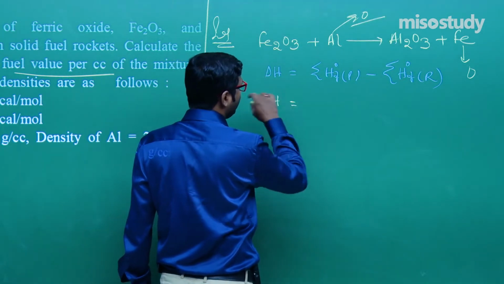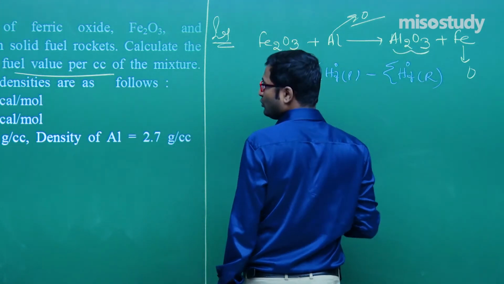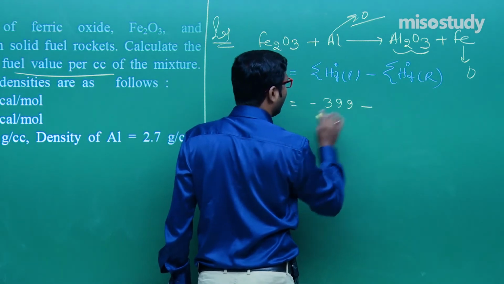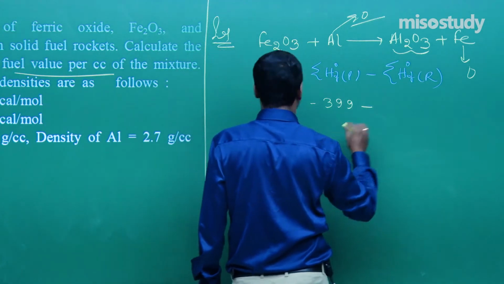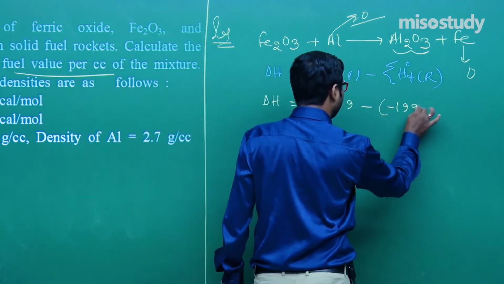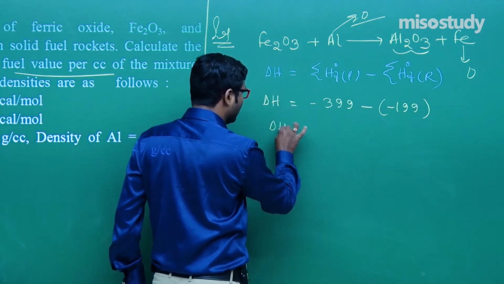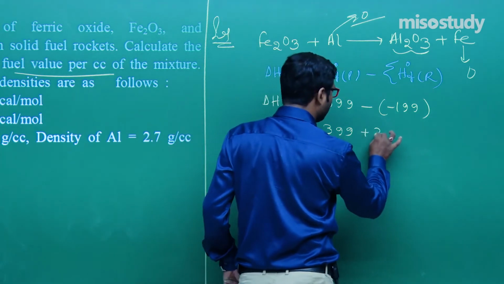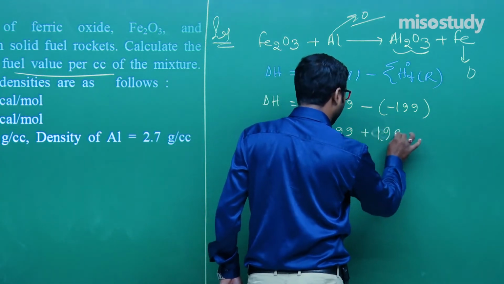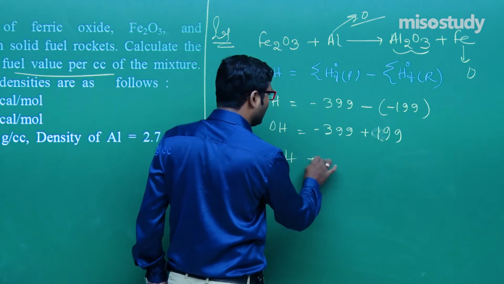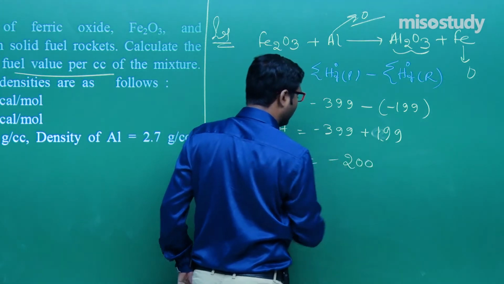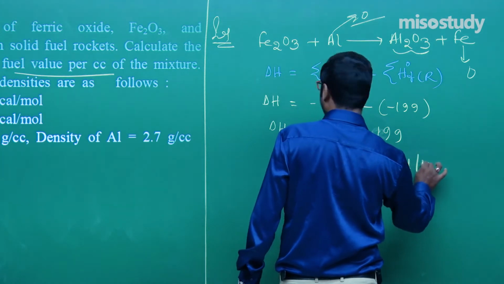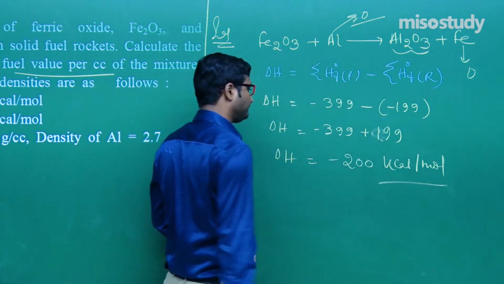So delta H will be equal to the product, Al2O3, according to the data, minus 399, minus the reactant Fe2O3, minus 199. Clear? So delta H is minus 399, and minus minus is plus 199, so delta H will be equal to minus 200. Clear? 200 kilocalorie per mole.